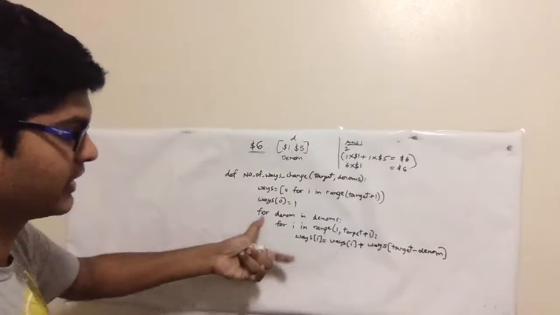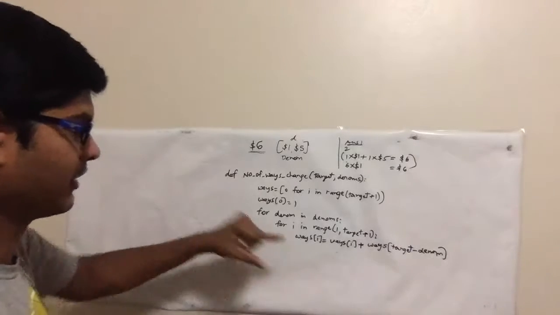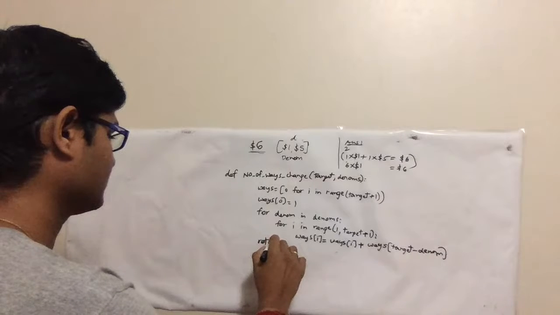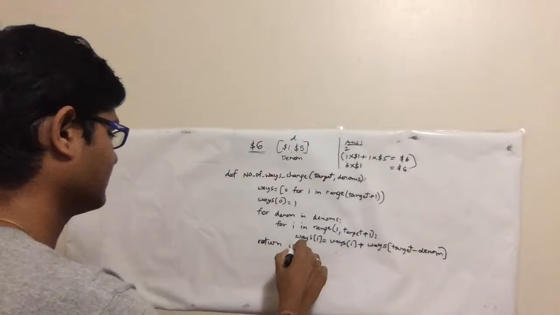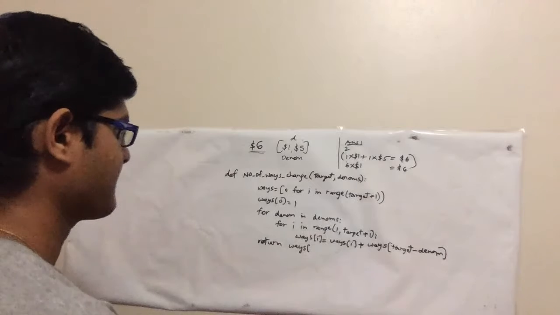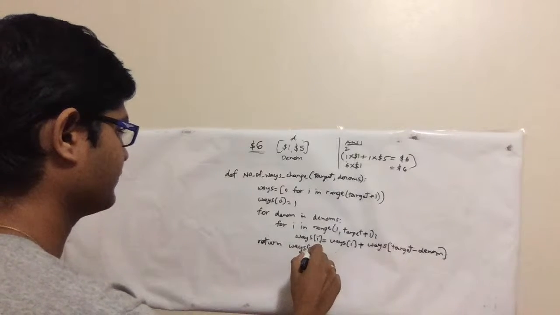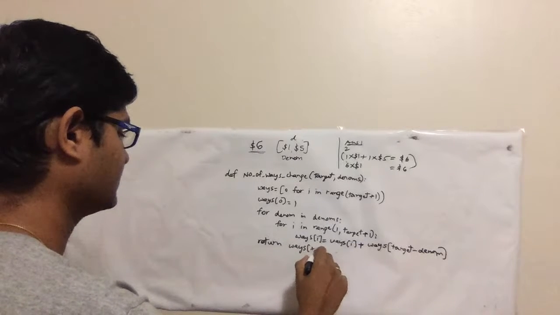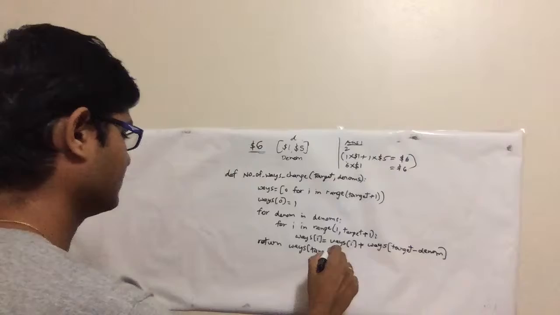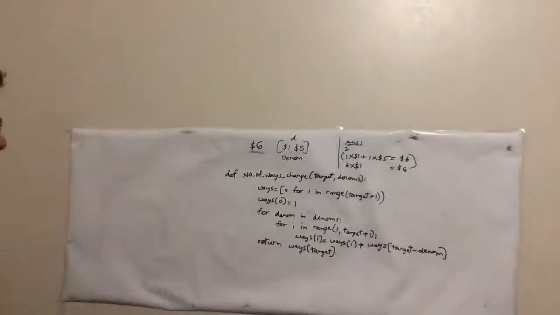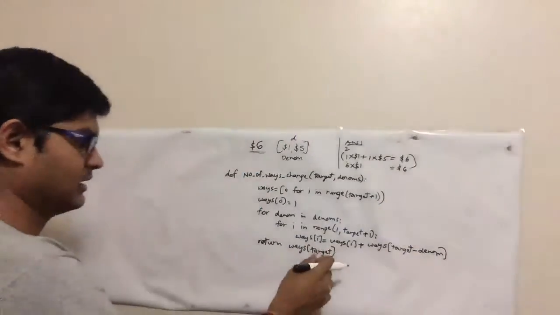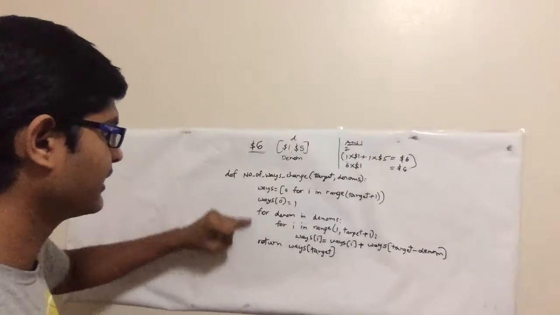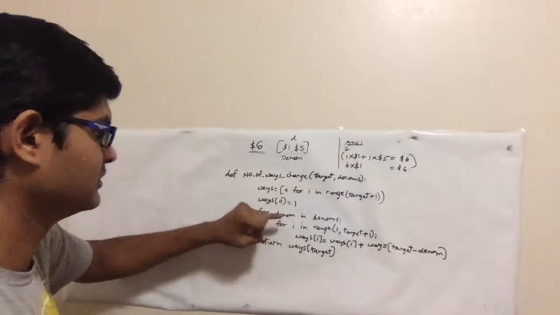So this would create the ways array, and finally we need to just return the last element, ways of the target, right? This is the last element in the ways array. This iterates n into d times, so the time complexity is n into d.